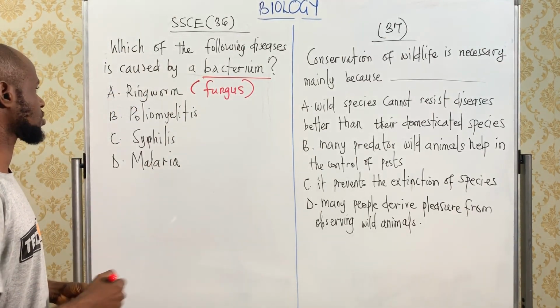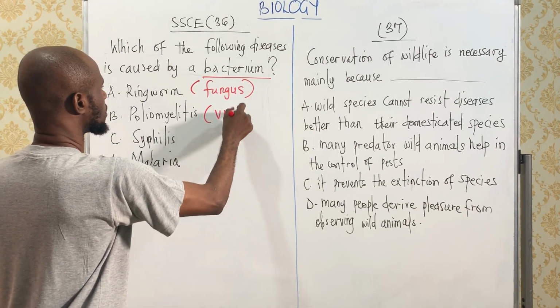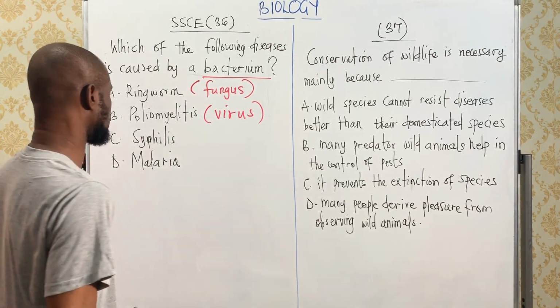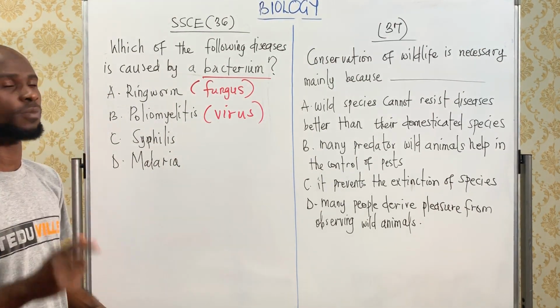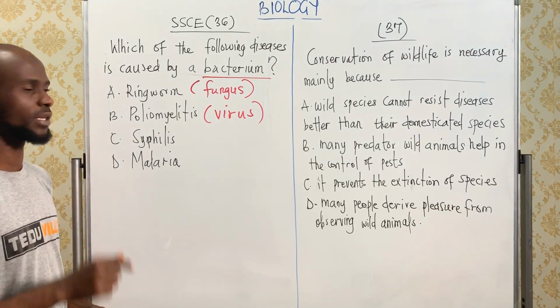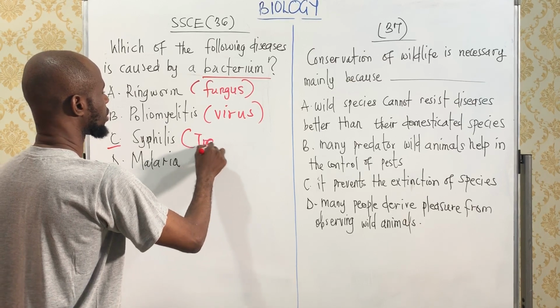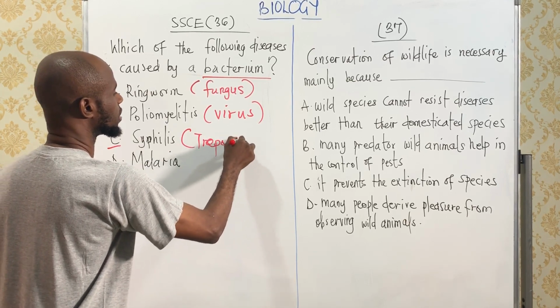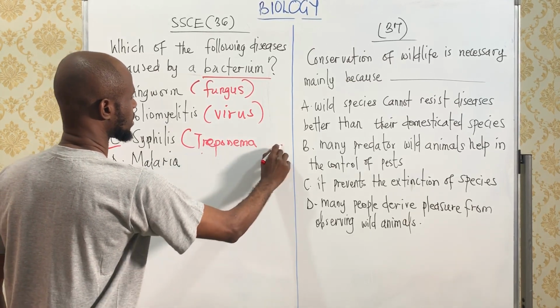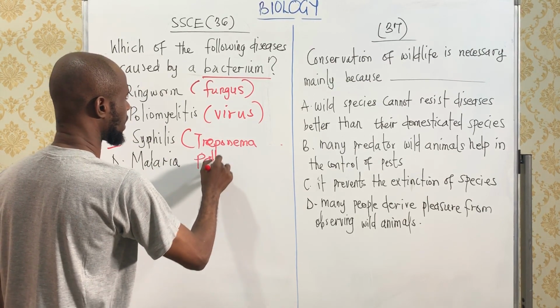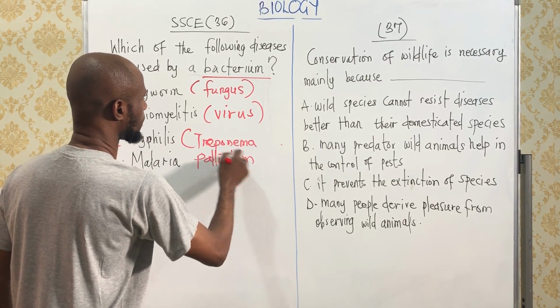Then poliomyelitis is caused by a virus, the poliovirus. Then syphilis is caused by a bacterium called Treponema pallidum. So the answer is syphilis, caused by the bacterium called Treponema. Right here, but because of space, let me write it as pallidum. Treponema pallidum.